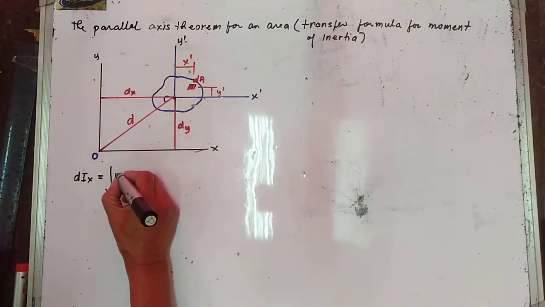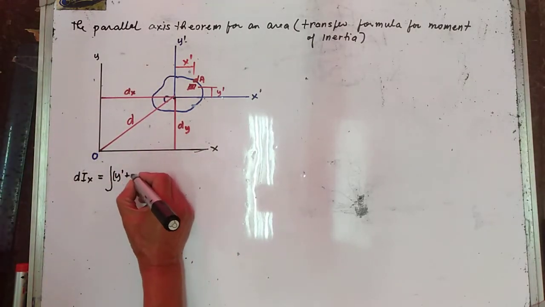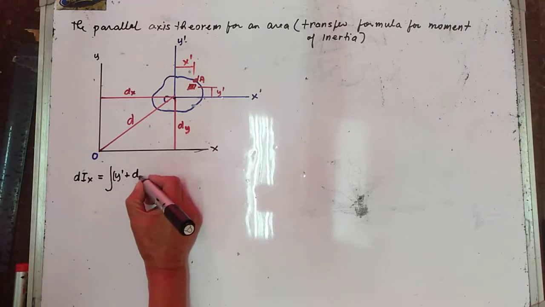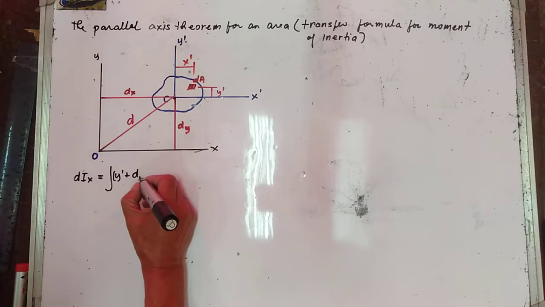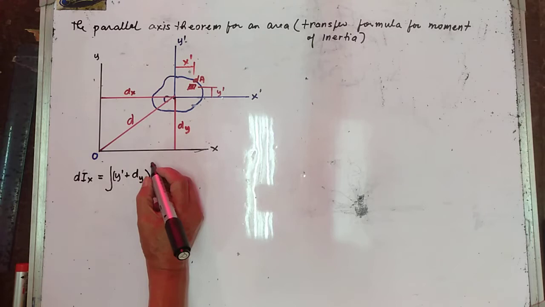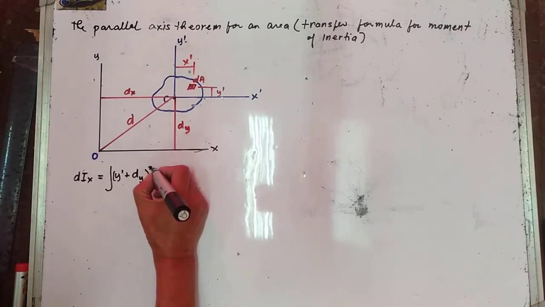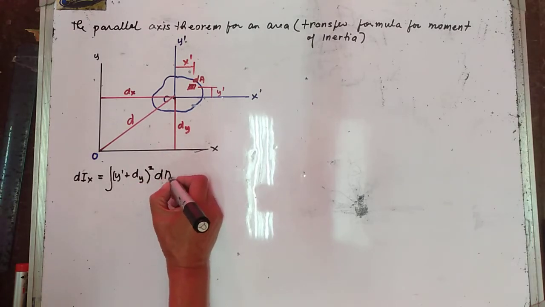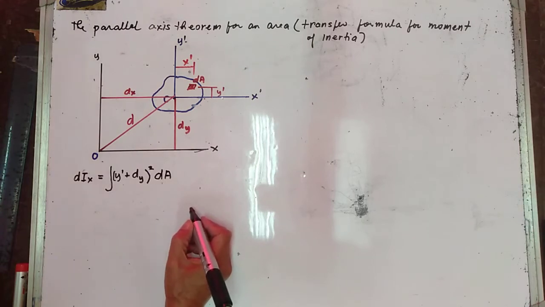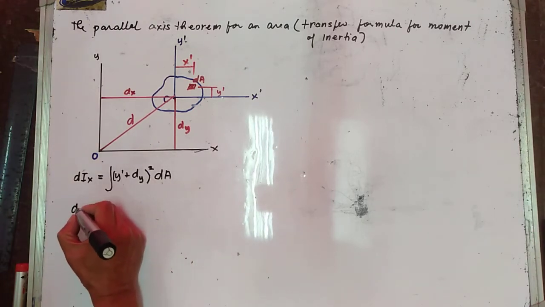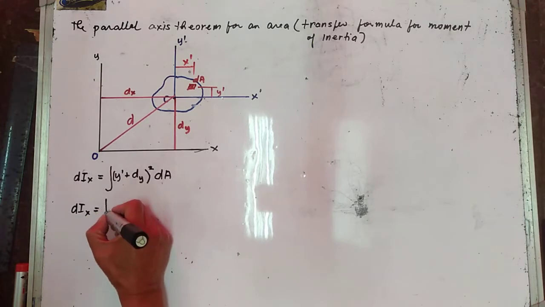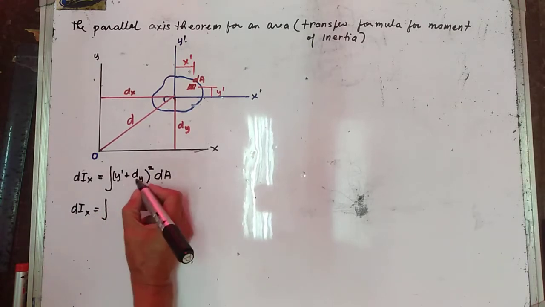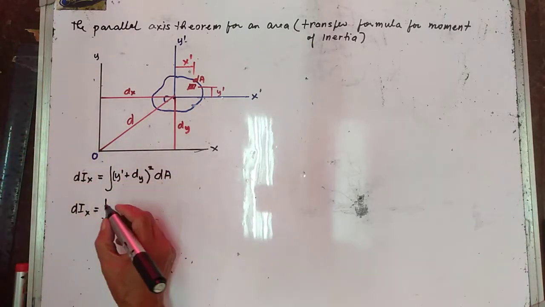That is y prime plus the distance from the centroid of the total area to the x-axis, which is parallel to the y-axis, squared, multiplied by dA.